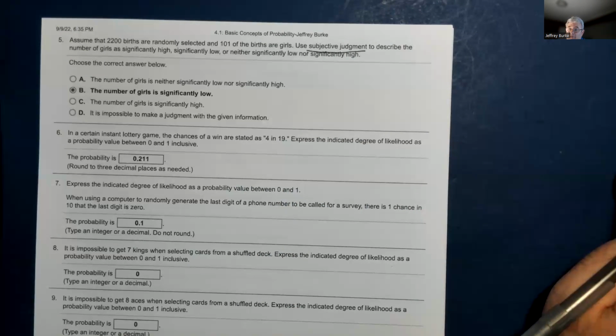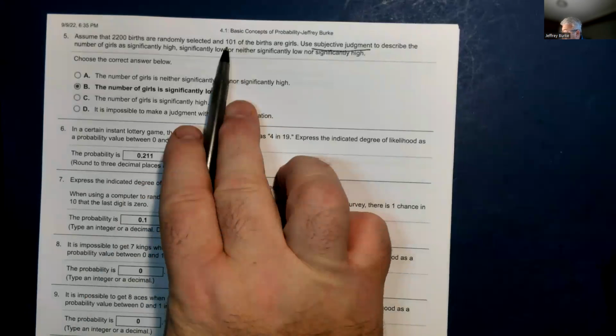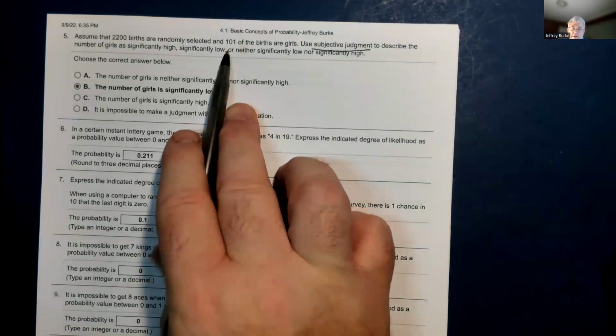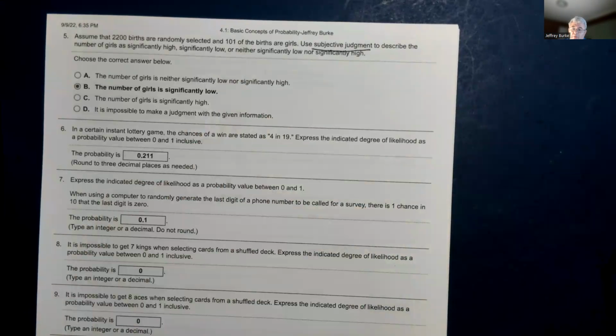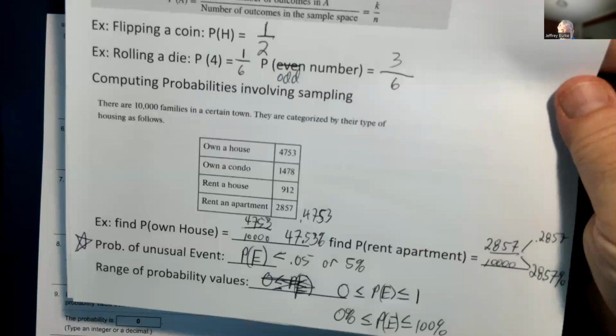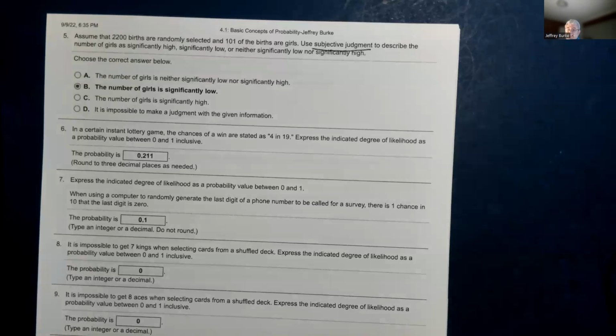It's not exactly 50, but it's about 50%. So this would be like a significantly low number of girls being born, but that is not determined by criteria. What would make the event unusual is if we're looking at some kind of event that has a probability of less than 5%, which is on the first page of the notes here, but that is not what is being asked in this question.